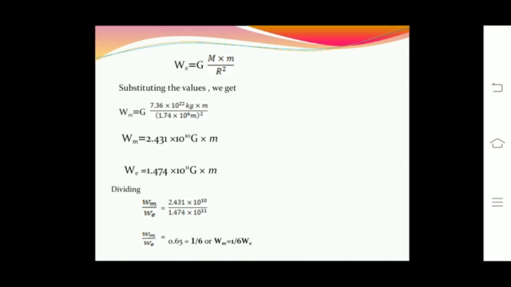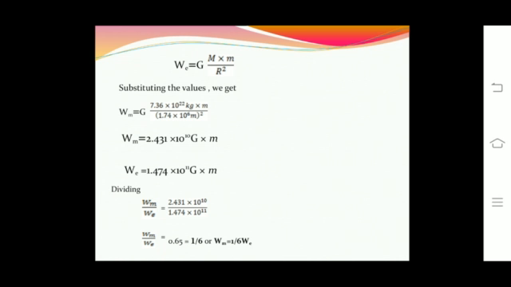If we substitute the values of mass, radius and gravitation constant, we get Wm is equal to 2.431 into 10 raised to power 10 G into m, and We comes out to be 1.474 into 10 raised to power 11 G into m.